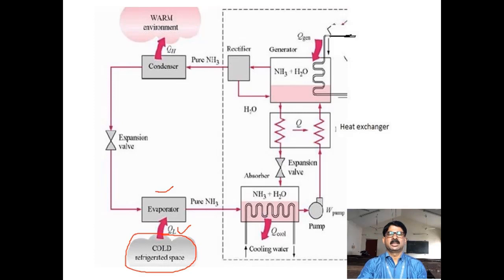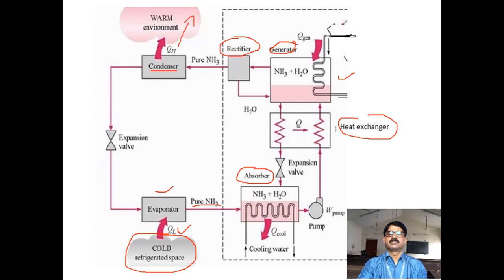Usually this will be the liquid refrigerant entering into the evaporator and vapor refrigerant, in this case ammonia, is coming out, and then it passes through an absorber, right? Then you have a heat exchanger here. Then you have the generator here. So this unit is called the generator. Then there is a rectifier and then you have the condenser. So this is a place where the refrigerant gives out its heat to the warm surroundings.